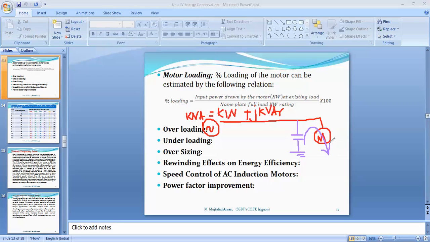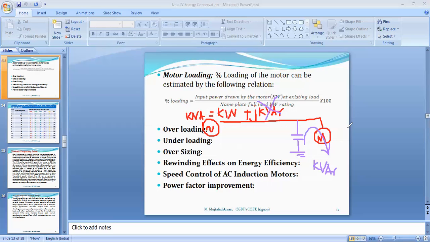The capacitor will supply leading kVAR, and hence we partially or totally eliminate the kVAR from the source. When we reduce the kVAR from the source, the value of kVA decreases, and hence the current in the conductor also decreases, which will reduce the copper losses in the transmission conductor or cables.